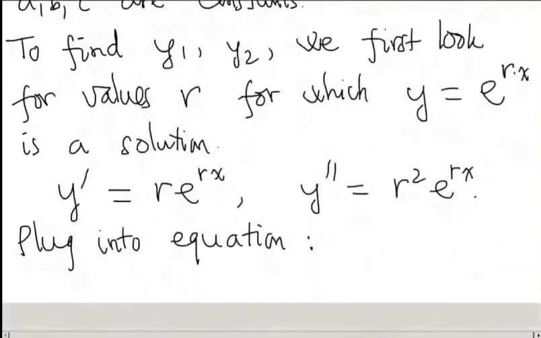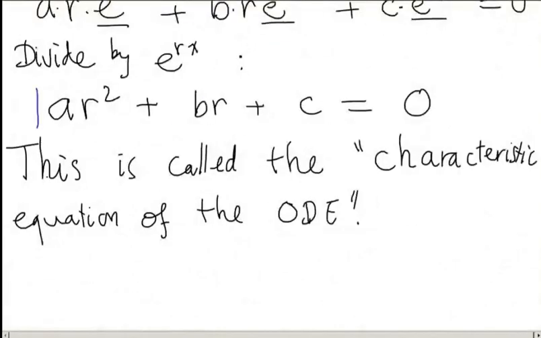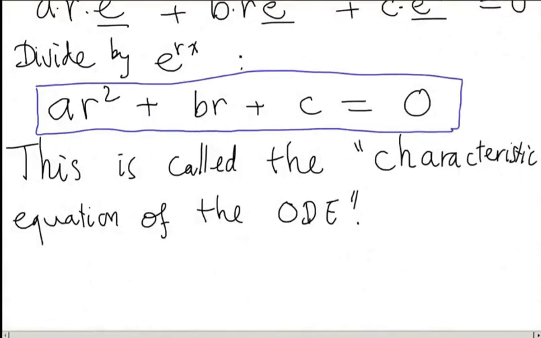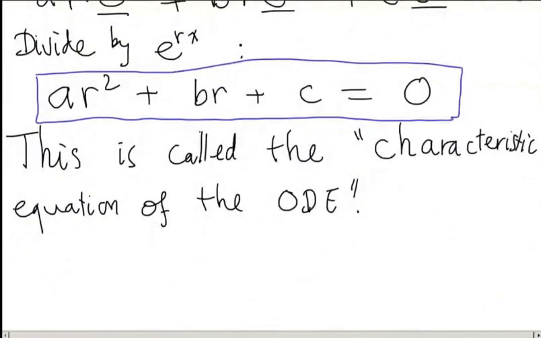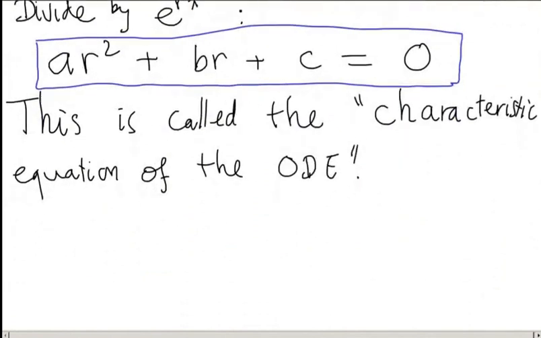Then the characteristic equation is just a r squared plus b r plus c equals 0. So by knowing the ODE, we can write out the characteristic equation easily like that. Now we can solve this quadratic equation by factoring or by using the quadratic formula. And as I mentioned earlier, you should know both because we will need both sooner or later.